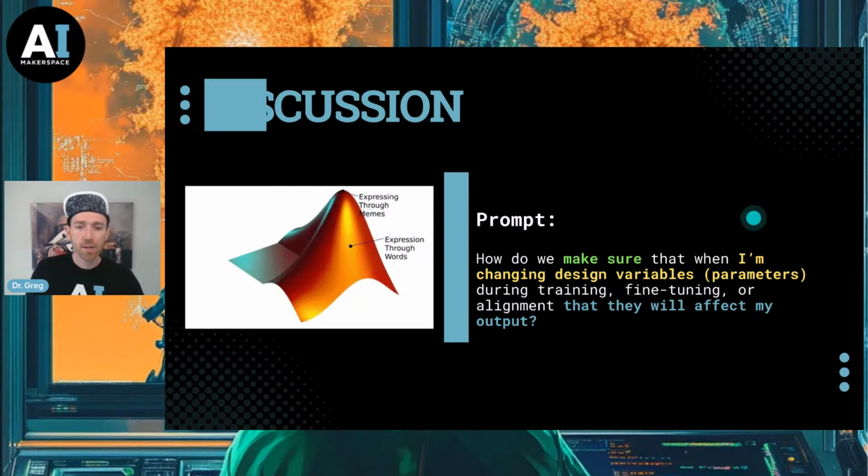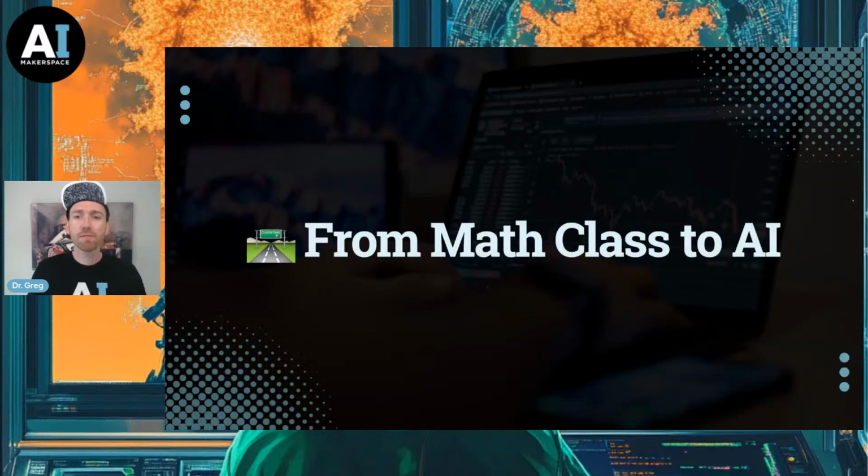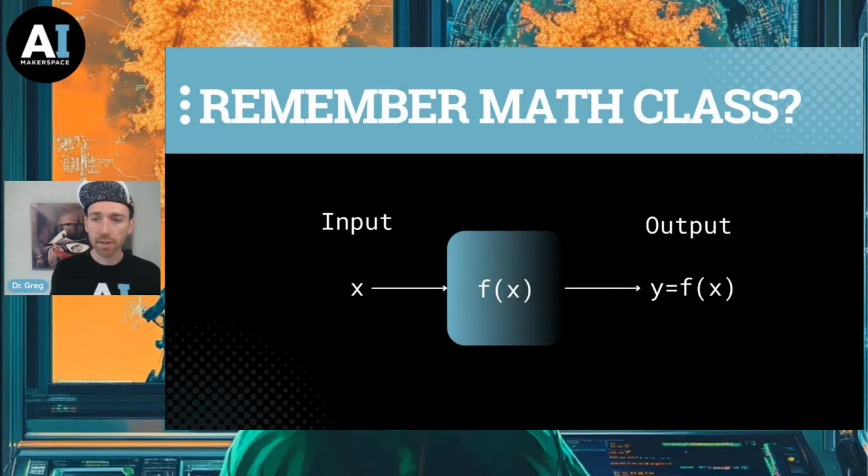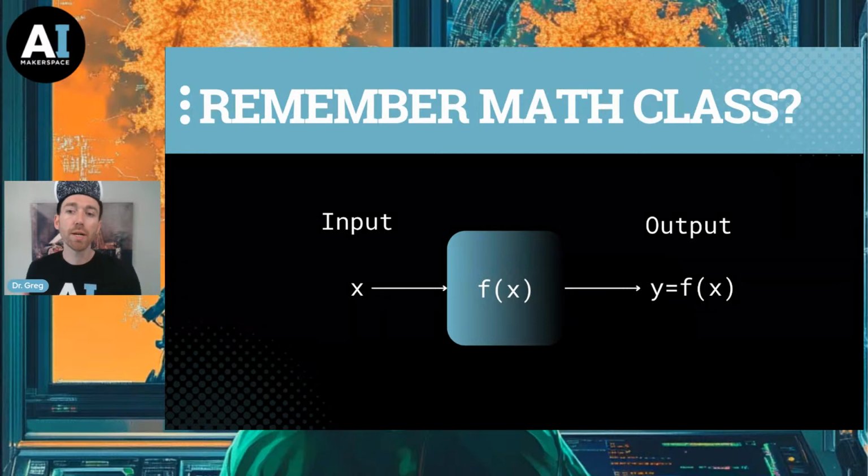All right. So let's go back for a minute as we think about these concepts at a deeper level. Do you guys remember, in math class, y equals mx plus b?